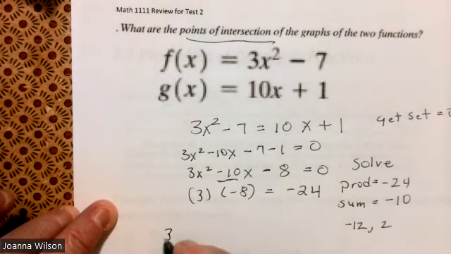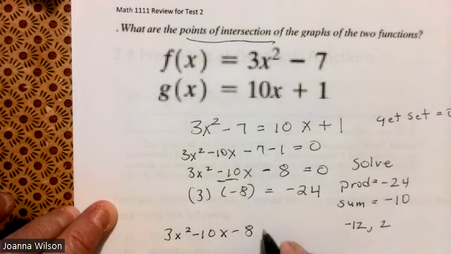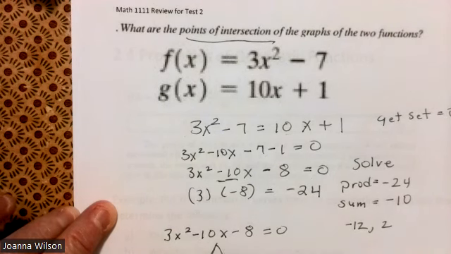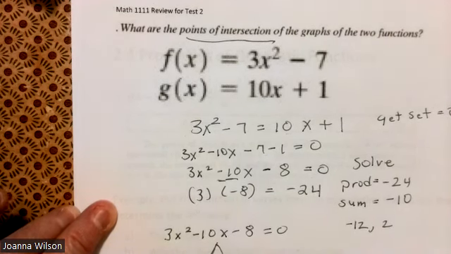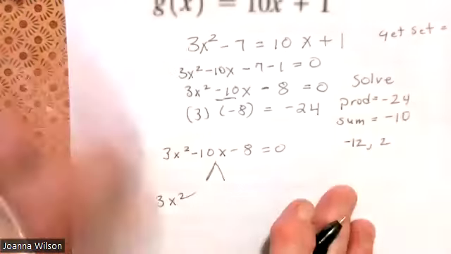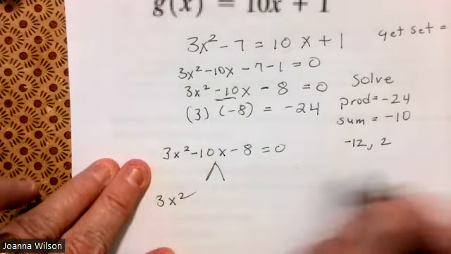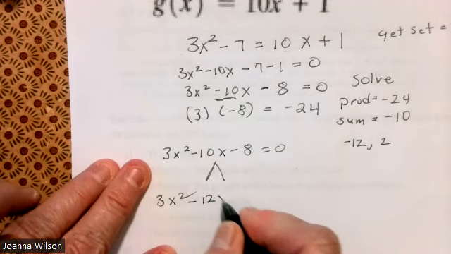So then what I do, I'm going to do the factoring by grouping again. I take the 10x up a little bit. And I break it down using these two numbers.